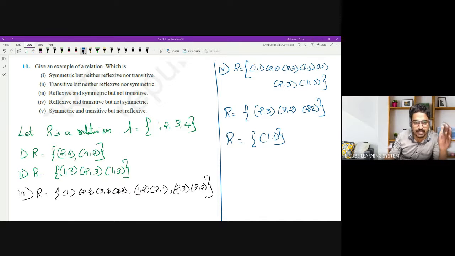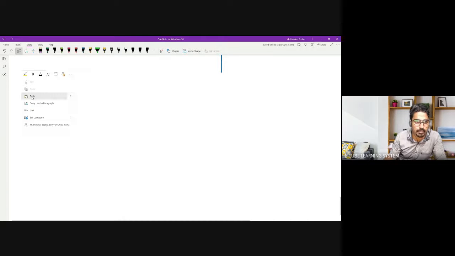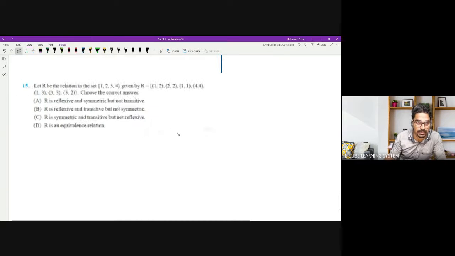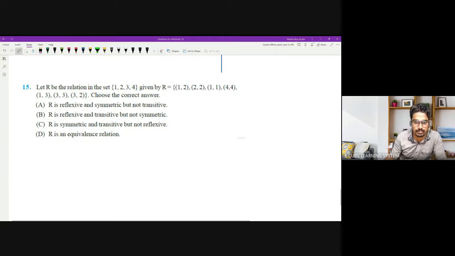Now within the lesser time we cannot complete 11, 12 or anything like that. You just try question number 15 first. It's an easier one. Just looking into the relation, we can claim which option will be correct.